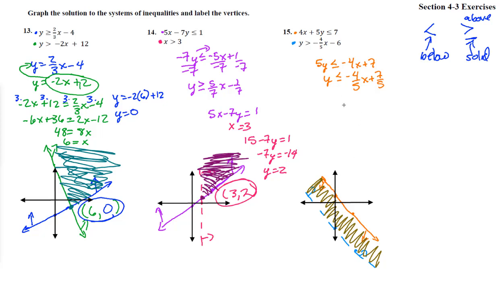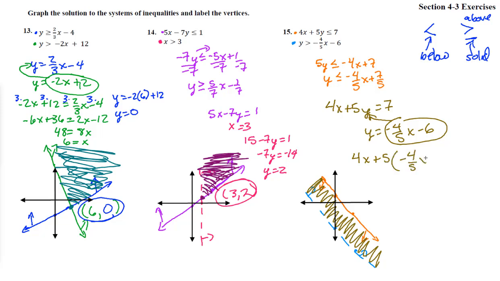But if we were to write it out, 4x plus 5y equals 7, and y equals negative 4/5 x minus 6. It's set up for substitution, so we take that one right there. 4x plus 5 times negative 4/5 x minus 6 equals 7.